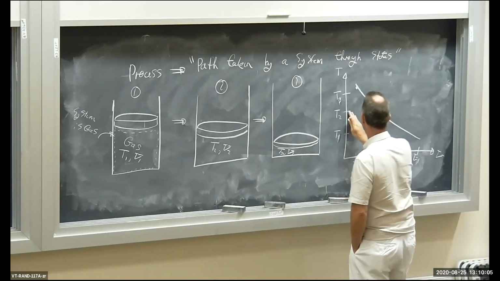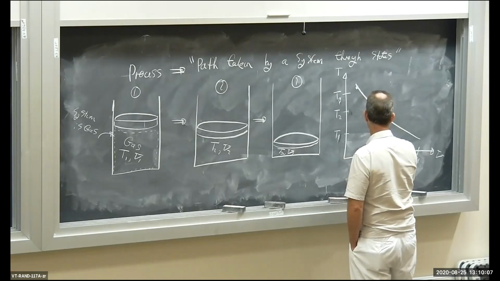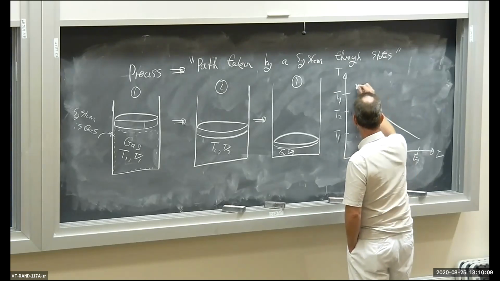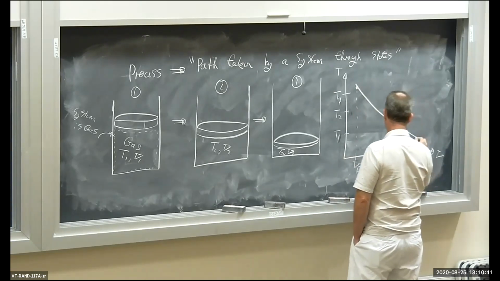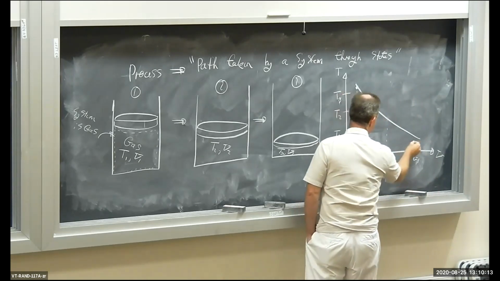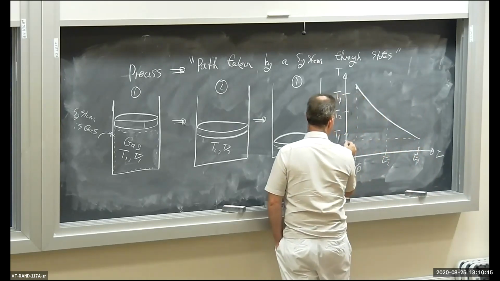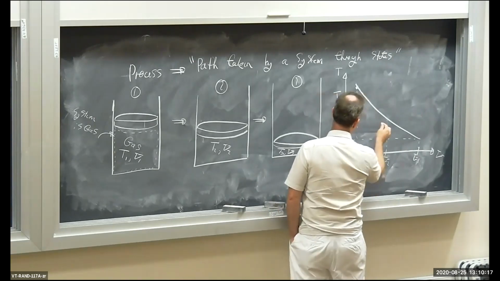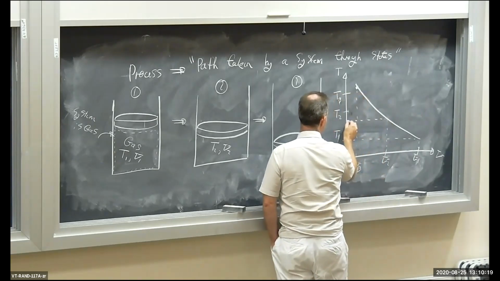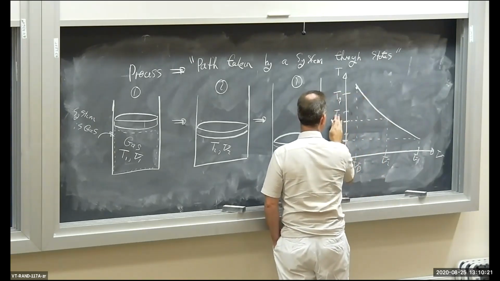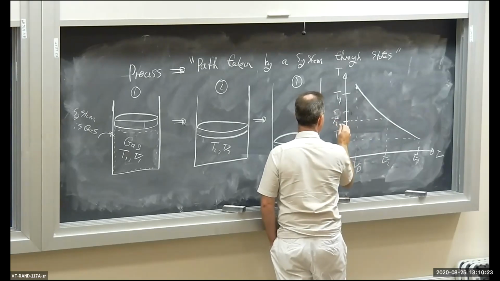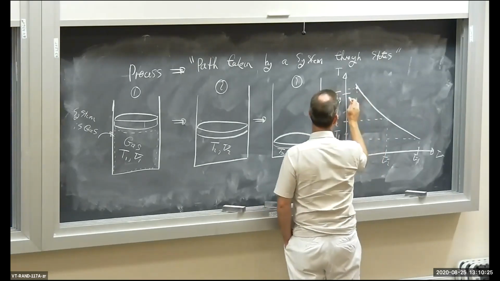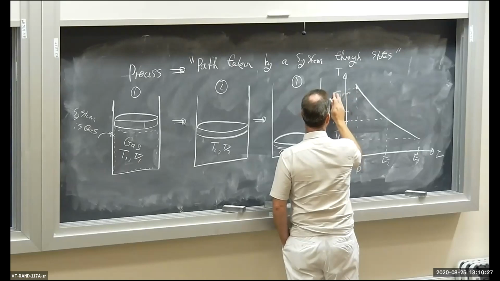I guess let's get this looking right. So here is T1, here is T2, and here is T3. Move things around just a little bit.